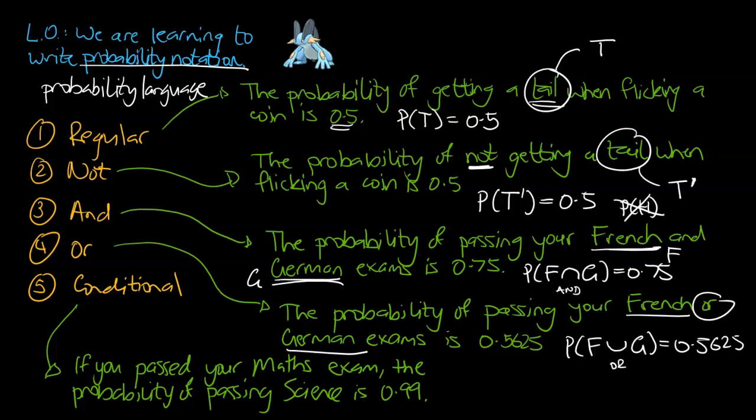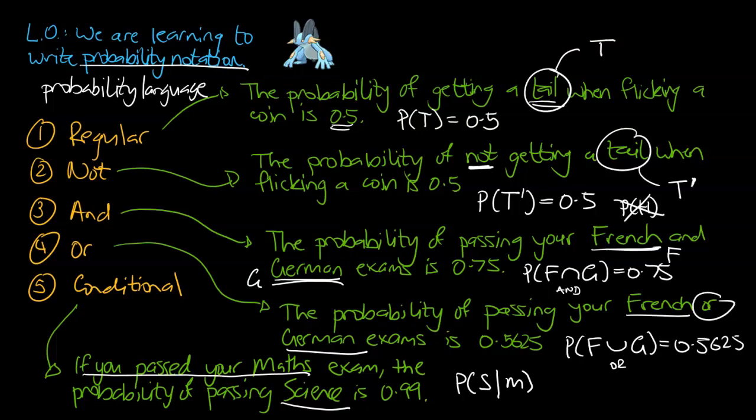Okay, finally, if you passed your maths exam, so we know we've passed the maths exam. That is 100% certainty. We know that without doubt. The probability of passing your science exam is 0.99. So this one's a bit different. So we're interested in whether or not you passed your science exam. And we're going to put a big line if you passed your maths exam.